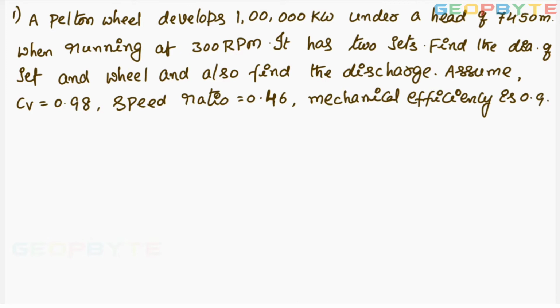A Pelton wheel develops 1 lakh kilowatts under a head of 7450 meters. It means the power given should be taken as a shaft power. Let me write the given data.